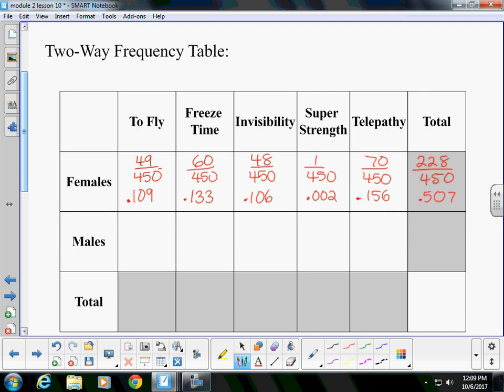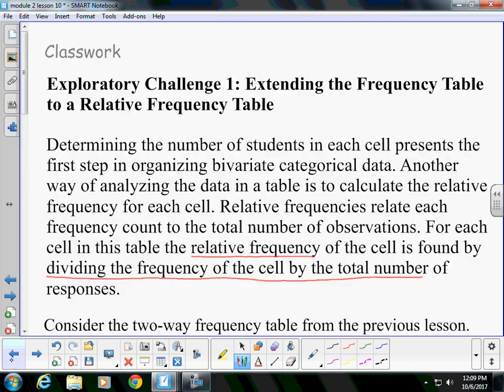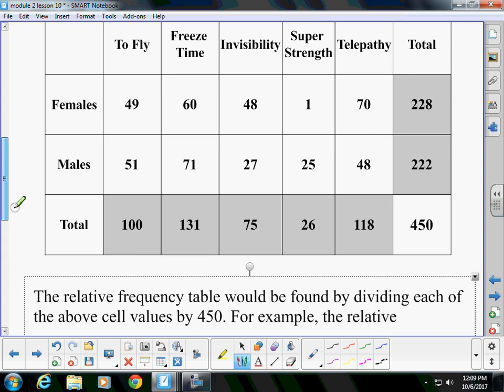Let's see the male numbers. This one was 51, then 71, 27, 25, and 48.